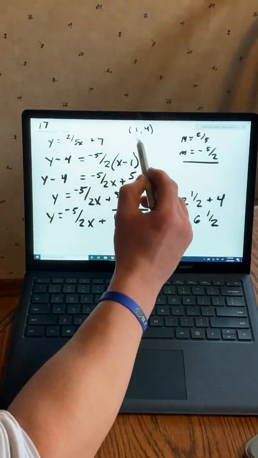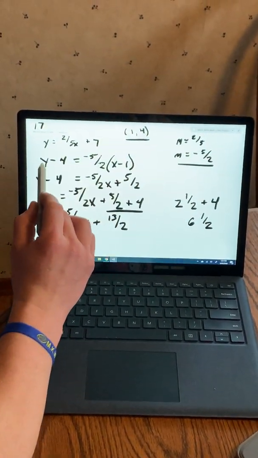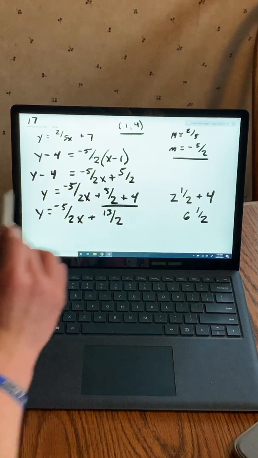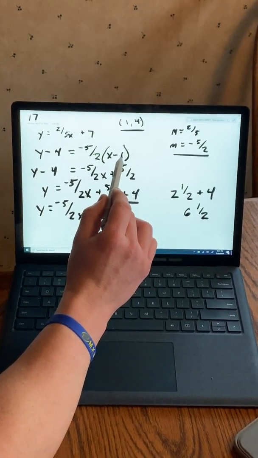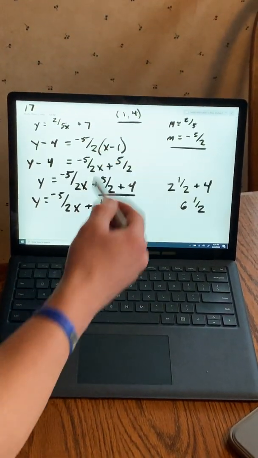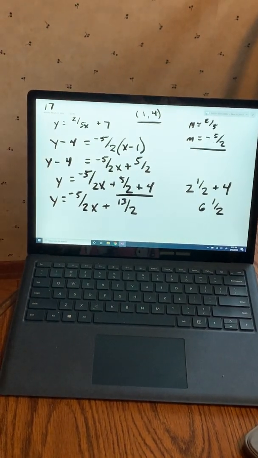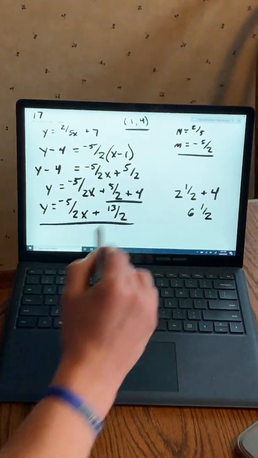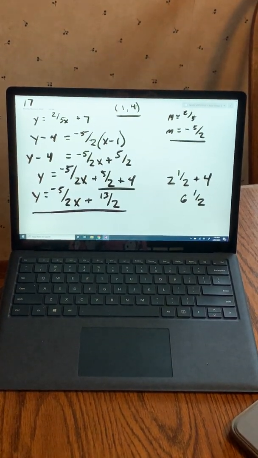Then we insert the very important point that they give you. That's where I subtracted y minus that y value, and then x minus the x value that is provided. You work that out, follow the steps, and then you find the line that is needed, which ended up being y equals -5/2 x plus 13/2.